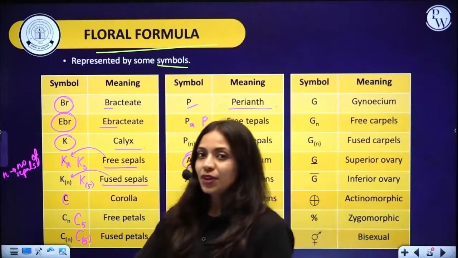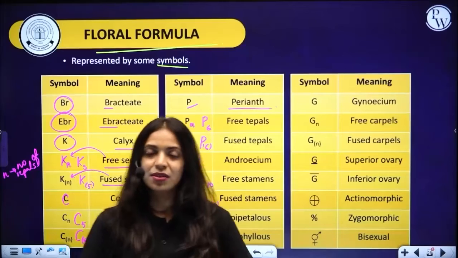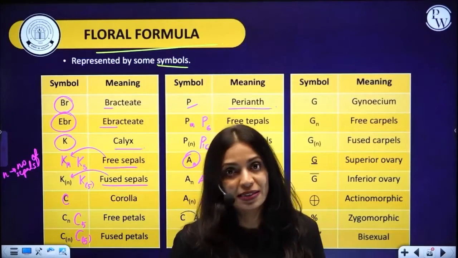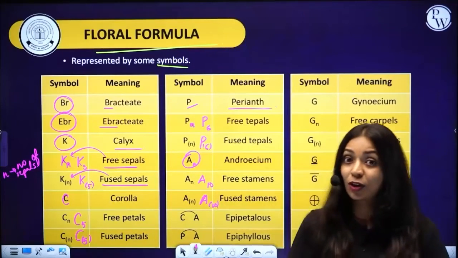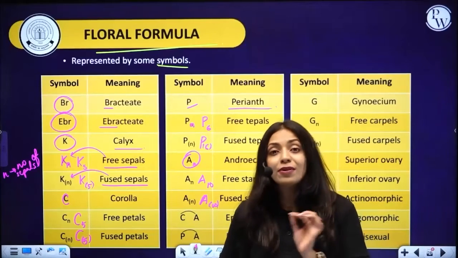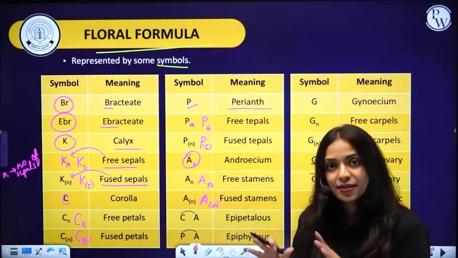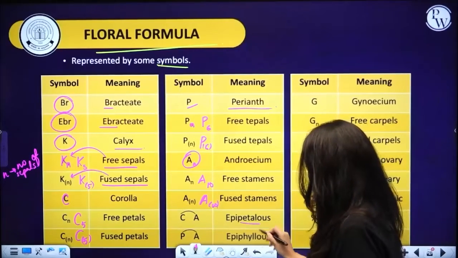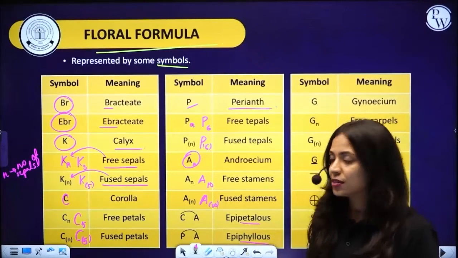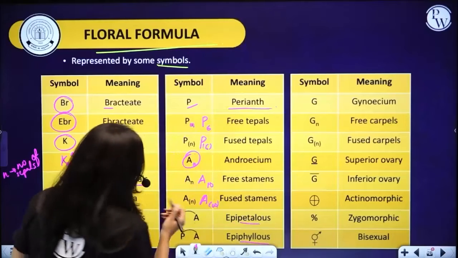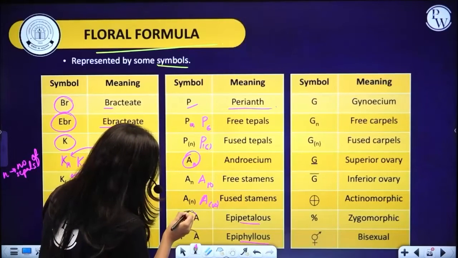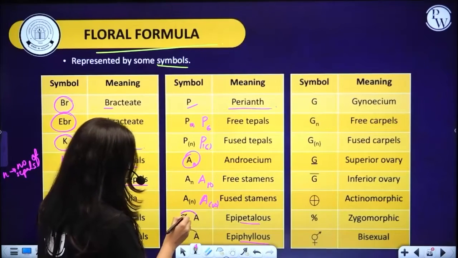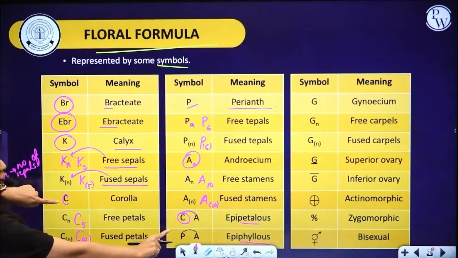I told you that sometimes androecium or stamens will fuse with other floral whorls such as petals or tepals, right? We call that epipetalous or epiphyllous condition. In case the stamens have fused with some other whorl like petals or tepals, you have to write a curved line starting from A to C. Remember what C is? C stands for corolla.